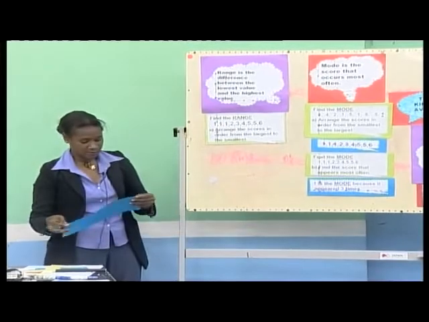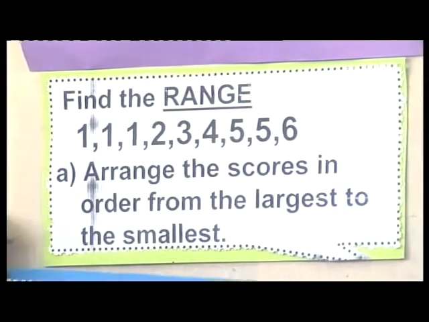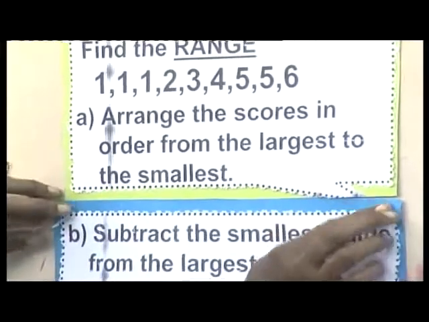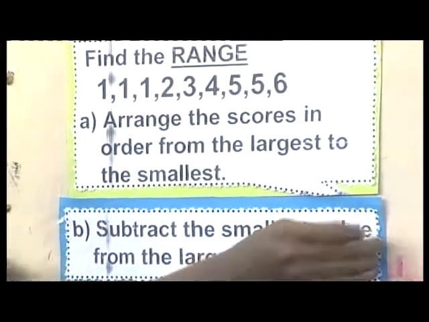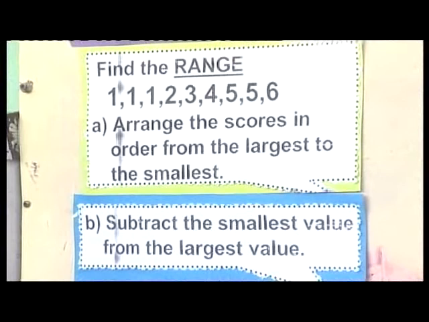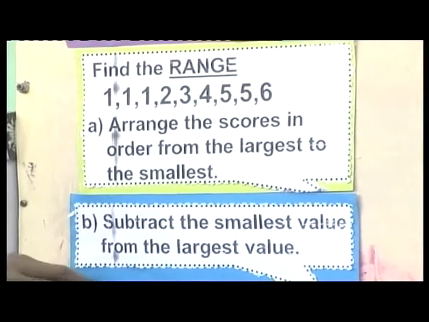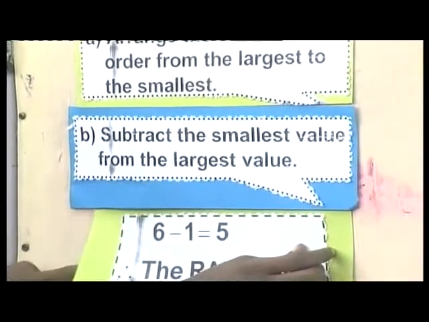So it says, don't forget always subtract the smallest value from the largest value. So here we have worked out the larger value is 6 and the smaller value is 1.